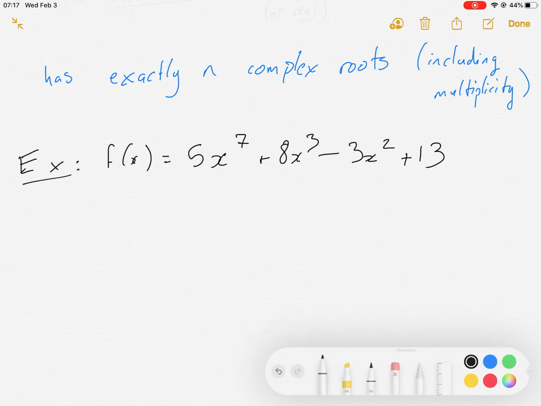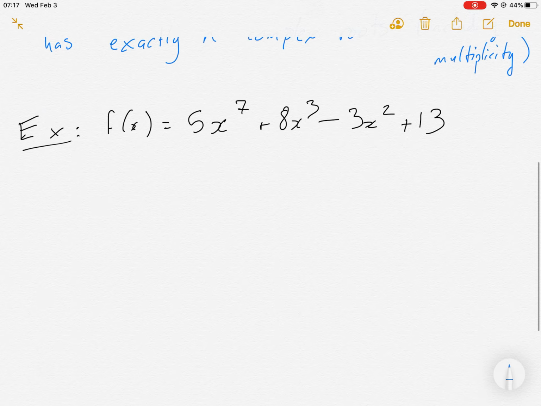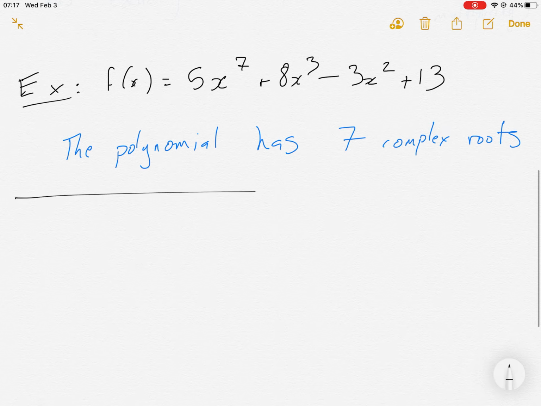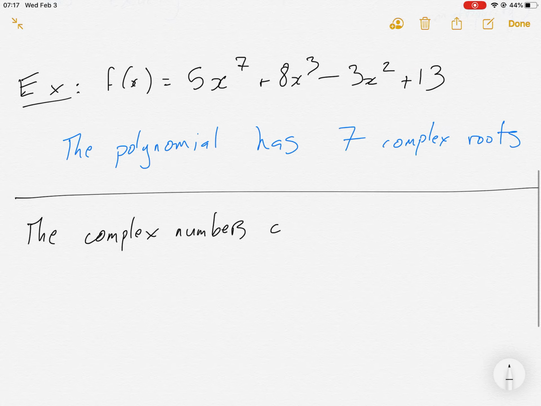So if I just threw this polynomial at you, you might not know what the roots are, but you can say that the polynomial has 7 complex roots. Now some of those might be real, all 7 of them might be real, but we know it has 7 roots. So what we often say here is that the complex numbers, in a way, sort of complete the number system, right?